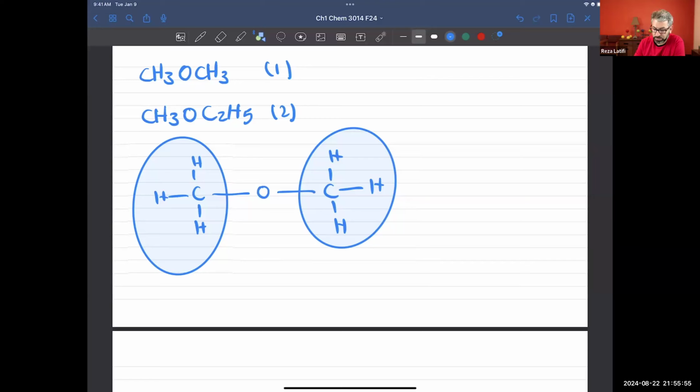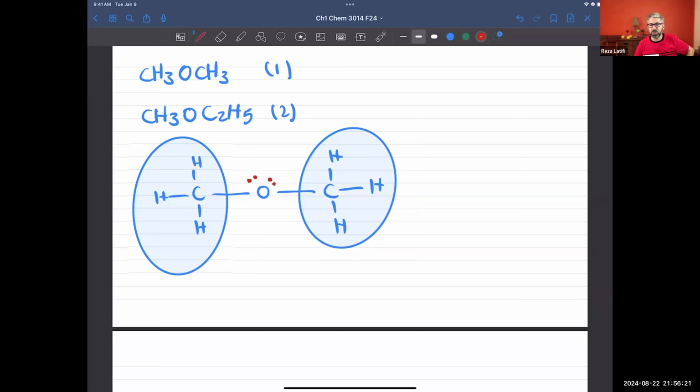Next, your oxygen is not octet. So what do we need to do? We're going to add lone pairs to oxygen. Remember, we said if we have a lone pair or lone pairs, our molecule will be polar, except when they are 180 degrees from each other.